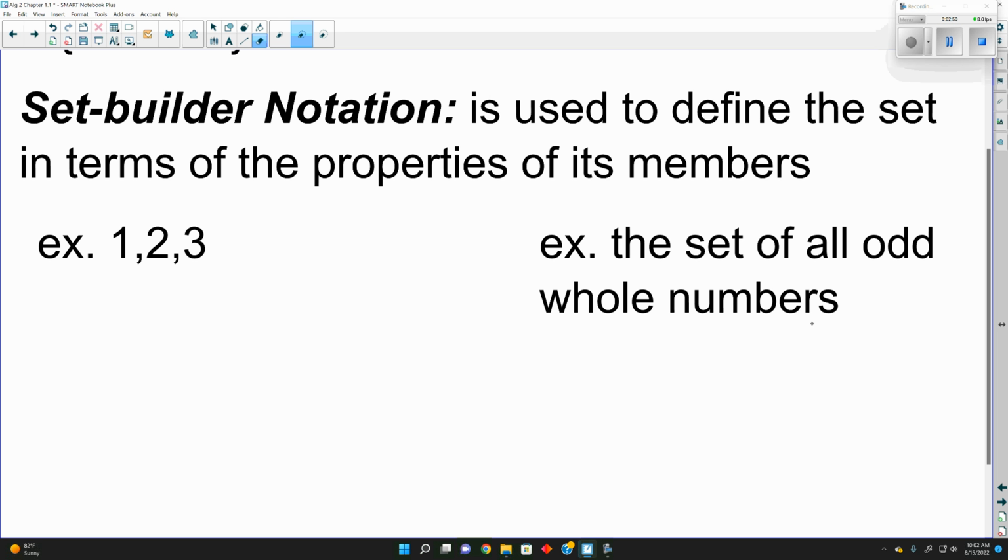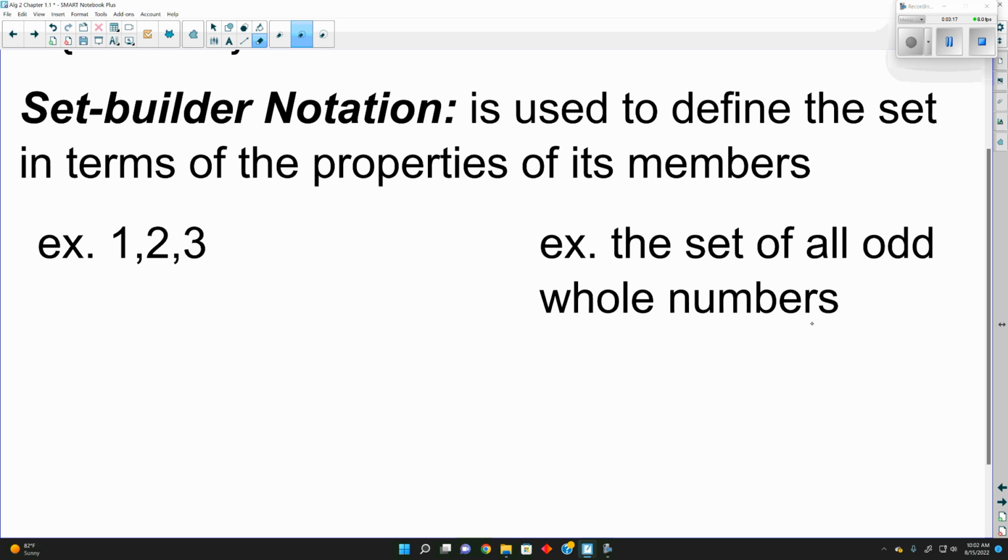Now, when we talk about set builder notation, there's a specific way that we write it. So where it says examples 1, 2, 3, and the set of whole numbers, it's not the specific example, but we're going to look at these here.